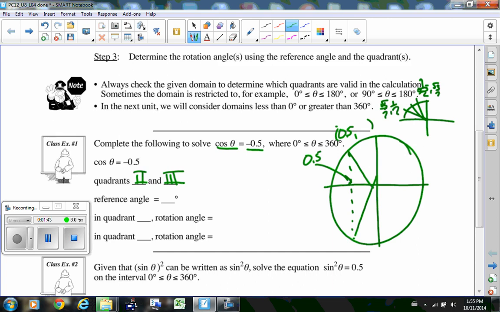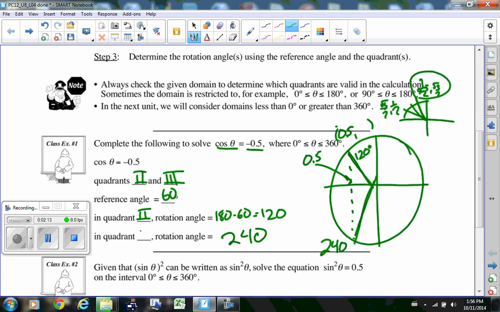So it's going to be this point here at 120 degrees. My reference angle is 60 degrees, but since we're in quadrant 2, the rotation angle would be 180 minus. Or you can just look at your unit circle and go, oh, it's right there. This one here would be 60 past, so this is going to be 240 in quadrant 3.